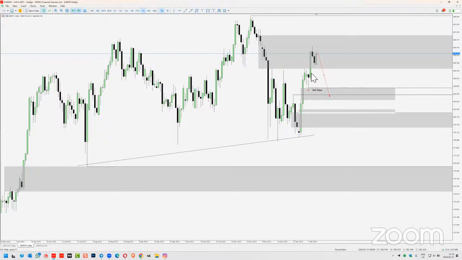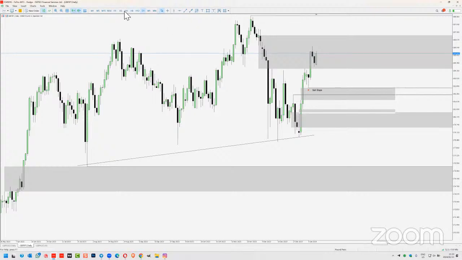It can trade through these daily discount areas without even flinching, right? It can trade through and then only find support, say now I'm on a daily, only to find support on the weekly higher time frame discount area.